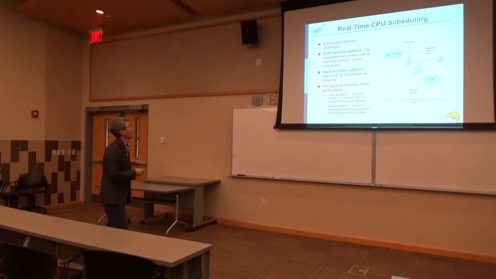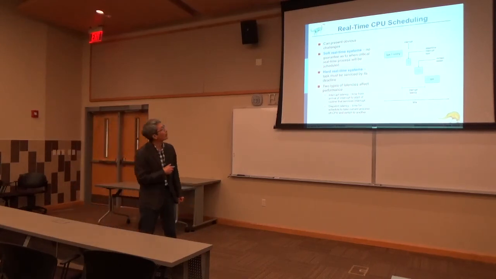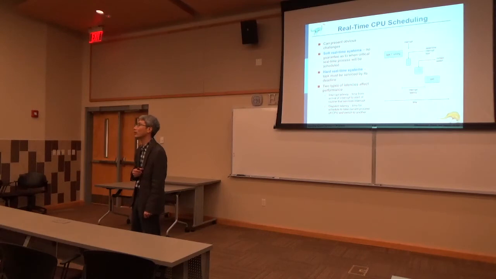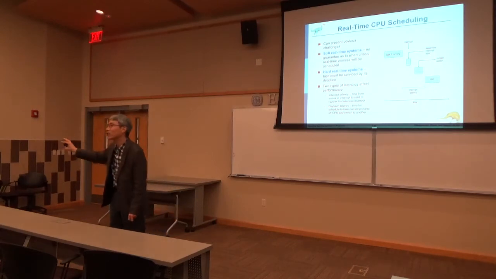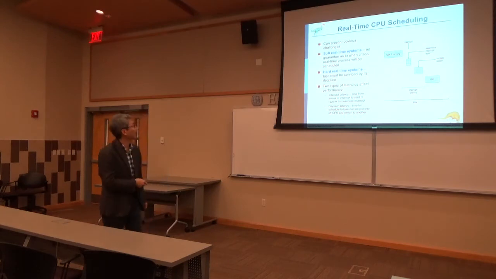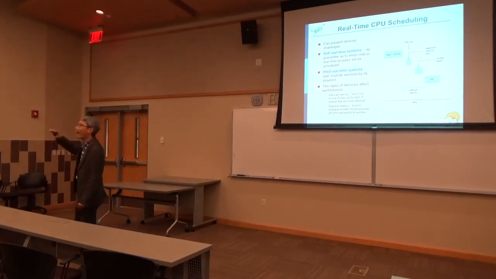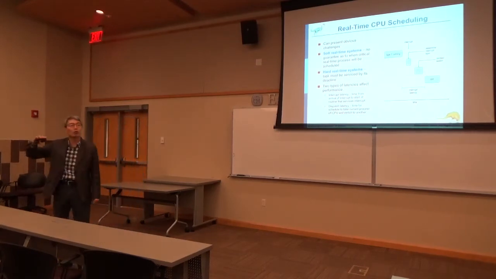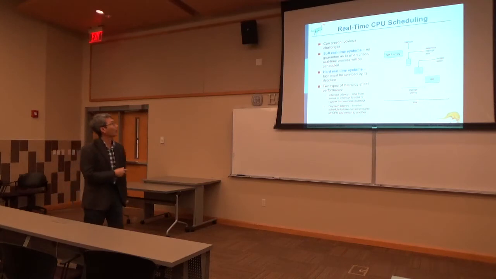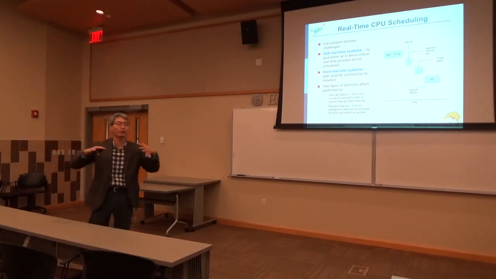On the other hand, if this operating system is used for a nuclear power plant or a very critical system, it must work. That is a hard real-time system. Nowadays, things like robot controllers should be hard real time, otherwise it will be messed up in the factory and so on.